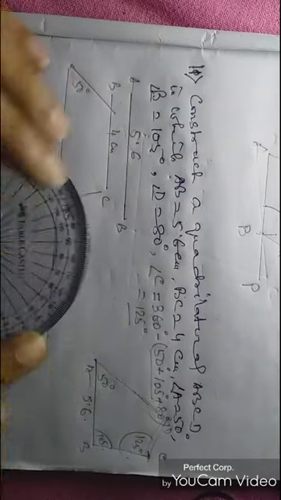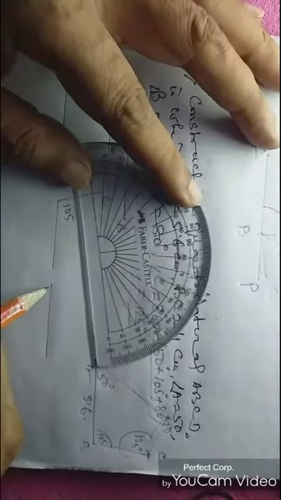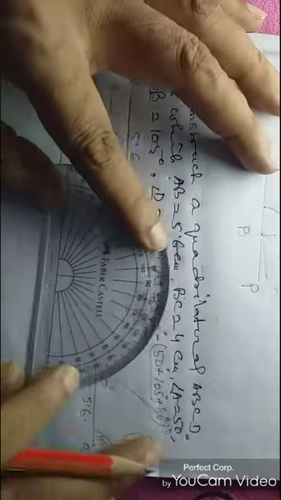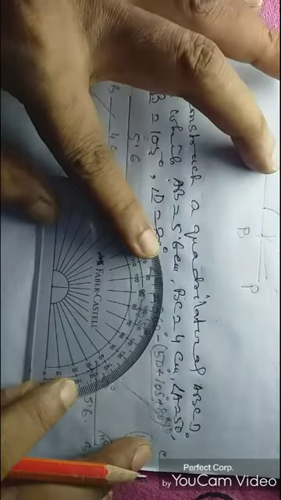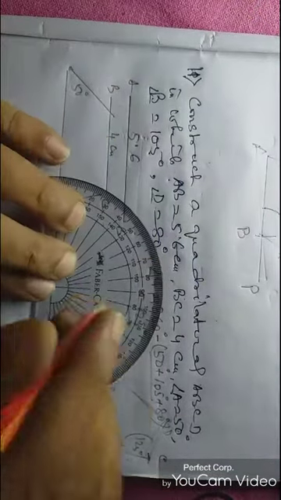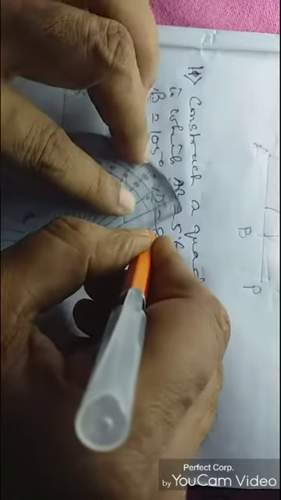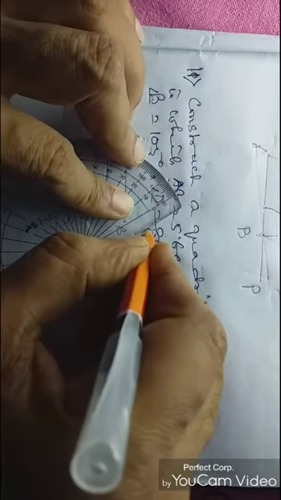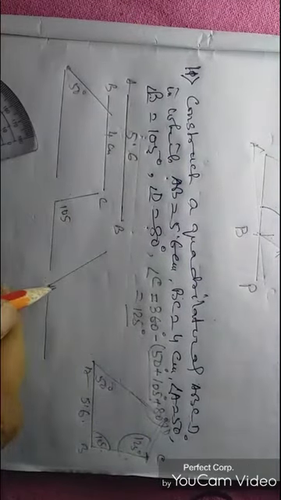This is 105 degrees and this is 50 degrees. Next is angle 125 degrees. Once again coincide this point and the line, this one, and this is 125, this is the angle, and get this angle drawn over here, 125 degrees.